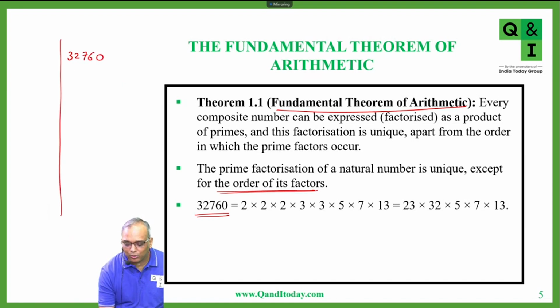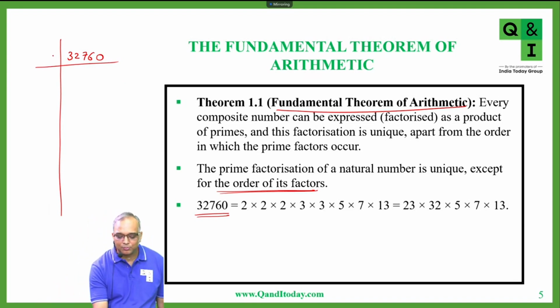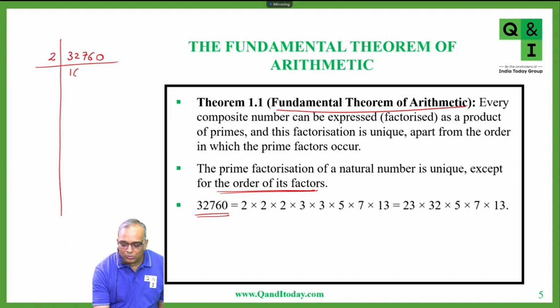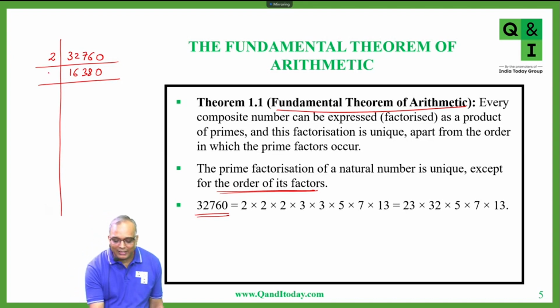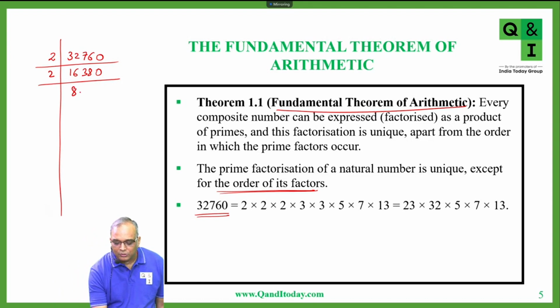You start with the smallest prime number. So you divide it by 2. So we get 16380, right? Then you will again divide it by 2 because its unit digit is 0, it can further be divided by 2. So this is 8190.